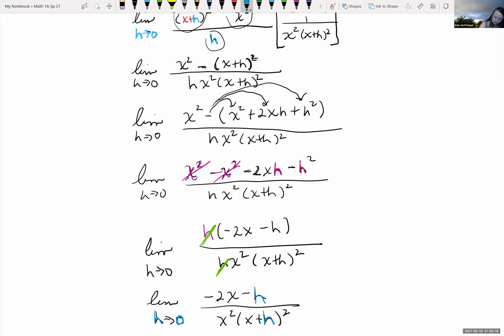Wherever we see an h, we're replacing that with 0. Everything else we're going to keep the same. And so we have negative 2x minus 0 all over x squared times x plus 0 quantity squared.